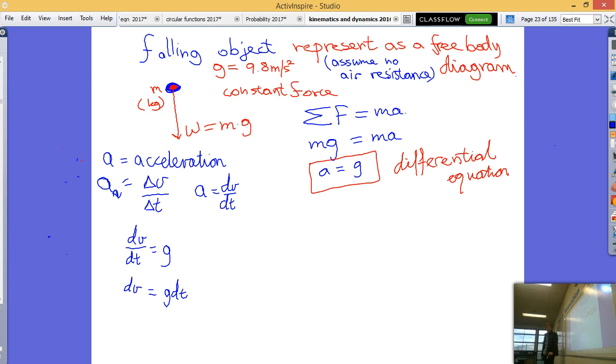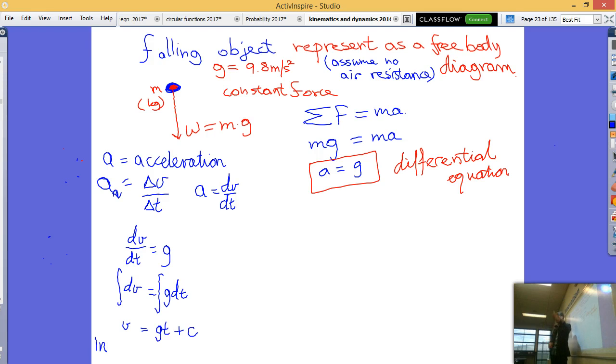I multiply dt to the other side, and then integrate both sides, and I get v is equal to g times t plus c, our integration constant. Okay? So would you let v equals u? Yes, that's correct.